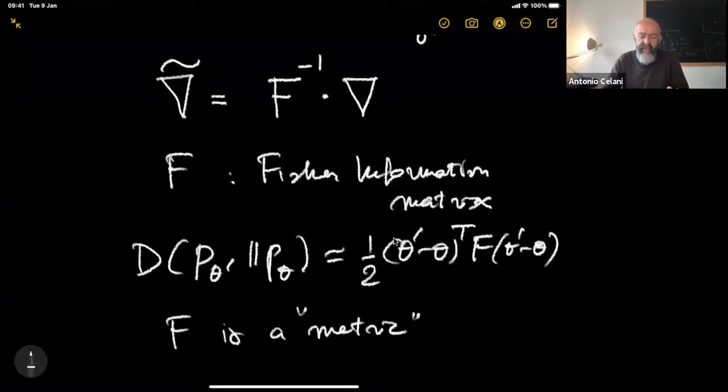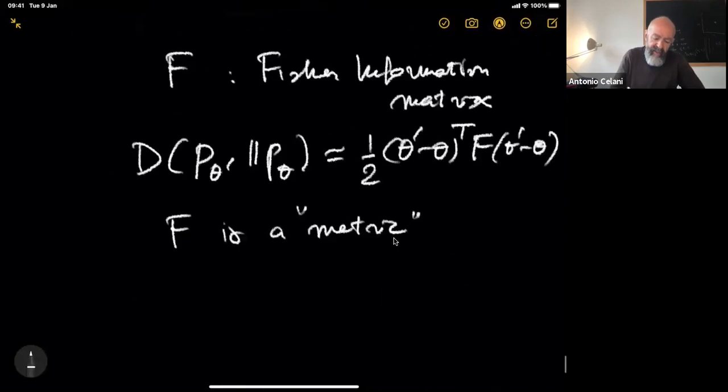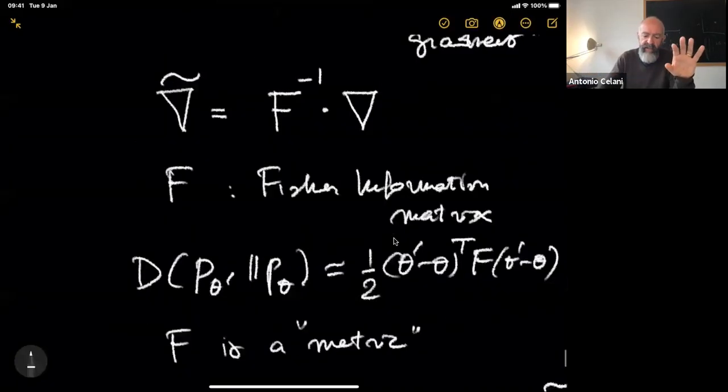But what is most important is that these natural actor-critic algorithms work exactly in the same way, but take different definitions of derivatives. So natural actor-critic is just actor-critic replacing the gradient with the natural gradient. You don't have to change any line of the algorithm.